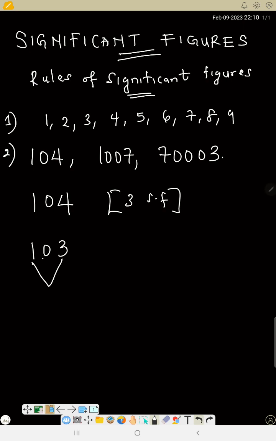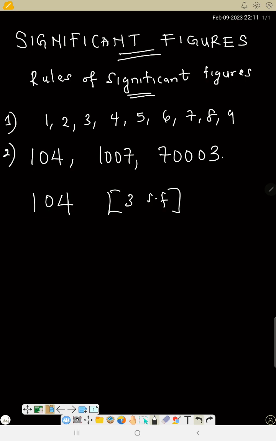So if 0 is enclosed between two numbers, that 0 is significant. That means this is 1, 2, 3. This is 3 significant figures, just like 104, because the 0 is between numbers.